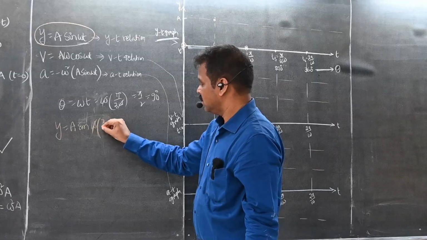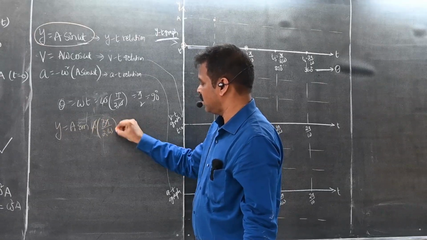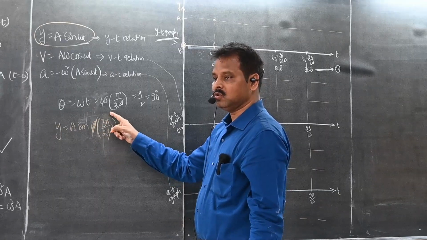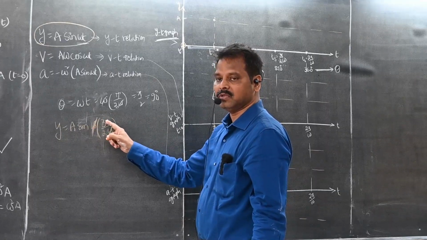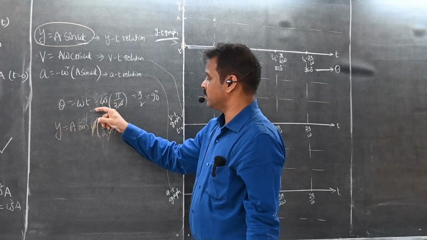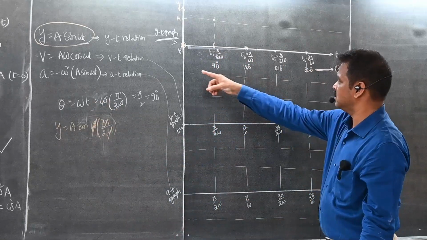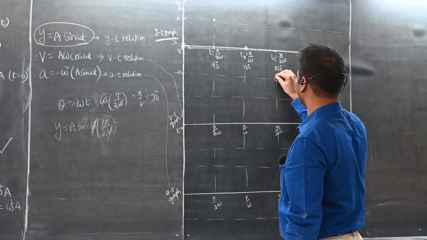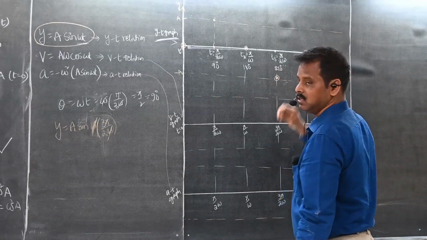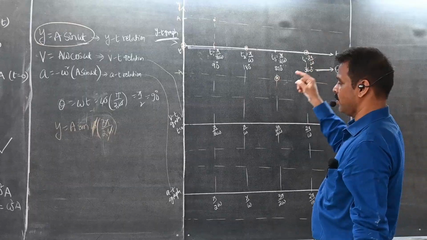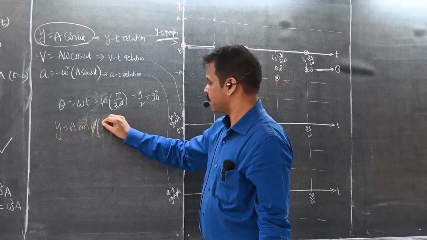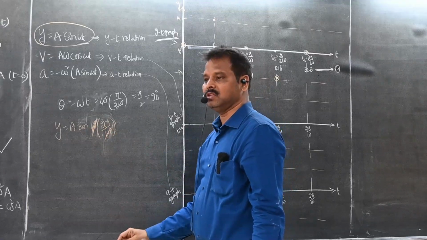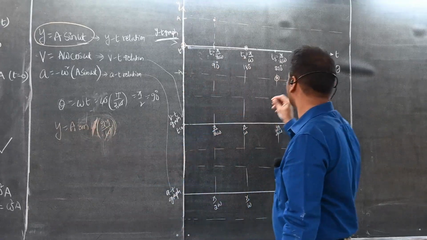Omega gets cancelled. 3 into pi by 2, 270 degrees, sin 270 is minus 1. Minus 1 into a, minus a. This is minus a. And finally you will get 0, because this is 2 pi by omega, omega will cancel, sin 360 is 0. 0 into anything is 0.